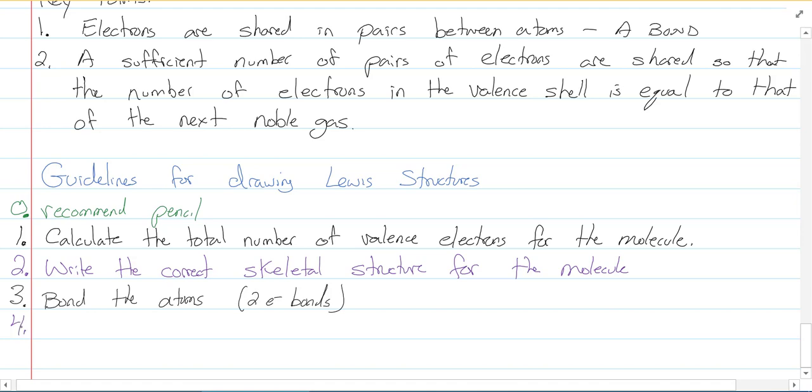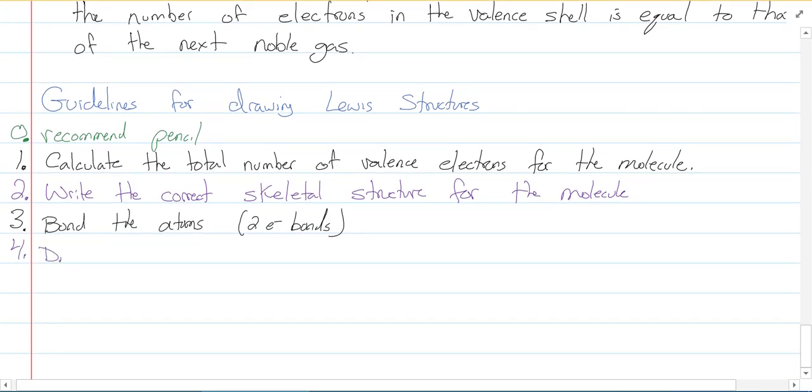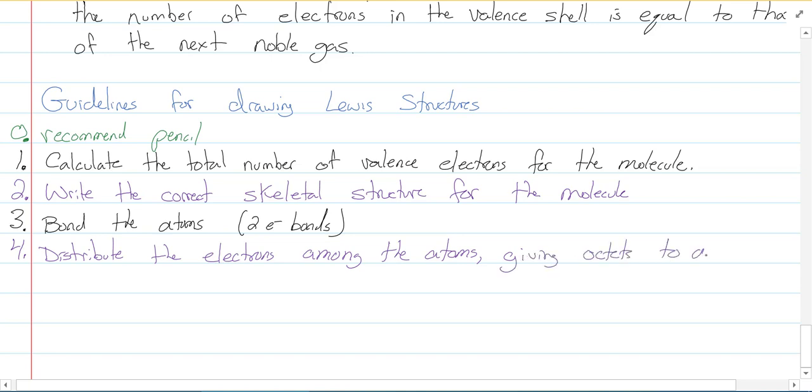Step 4, we distribute the electrons among the atoms, giving octets to as many atoms as possible.